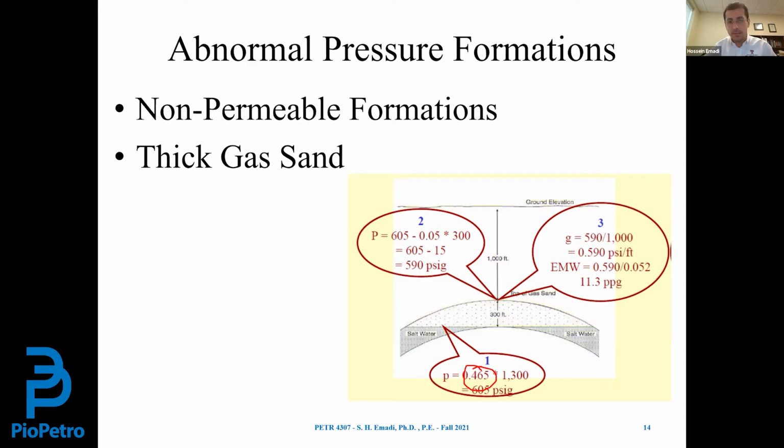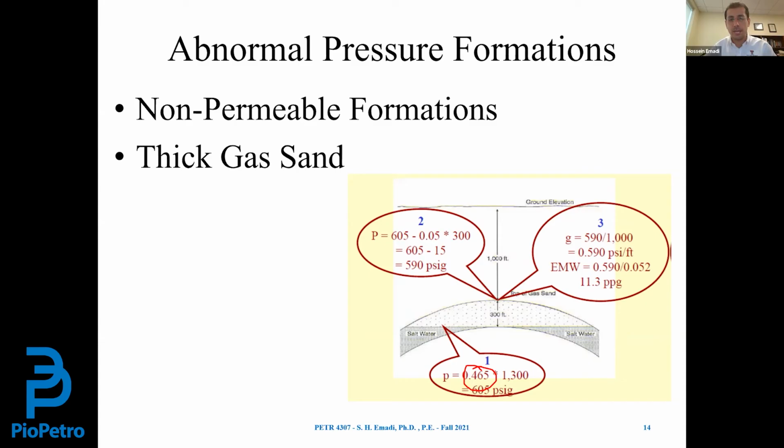To calculate the pressure at the top of the gas cap, we need to first calculate the pressure at the gas-water contact, and then subtract the hydrostatic pressure of the gas column, so we can find the pressure at the top of the gas cap.